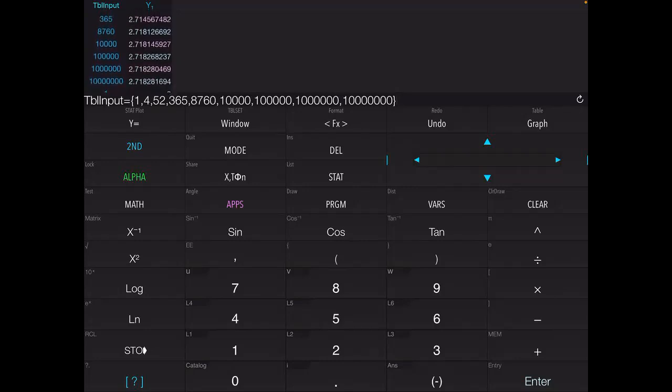But notice, as m keeps getting bigger and bigger, as we start increasing the number of times we compound this interest rate per year, our future value starts to reach a threshold. It starts to reach a limit, which seems to be around 2.7183-ish, rounded to 4 decimals.